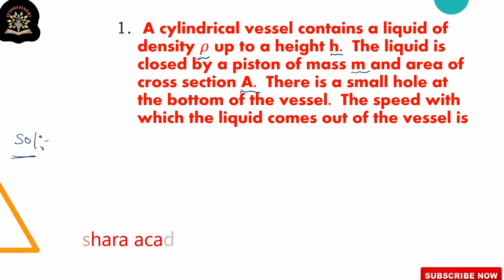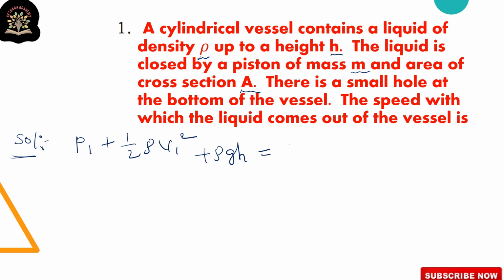Here they given liquid of density rho and height h. The liquid is closed by piston of mass m and area of cross section a, small hole at the bottom of the vessel. So according to Bernoulli's theorem, P1 plus half rho V1 square plus rho gh is equals to P2 plus half rho V2 square plus rho gh.